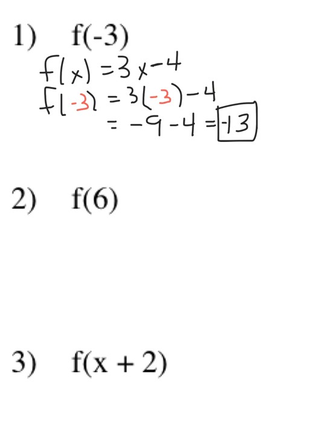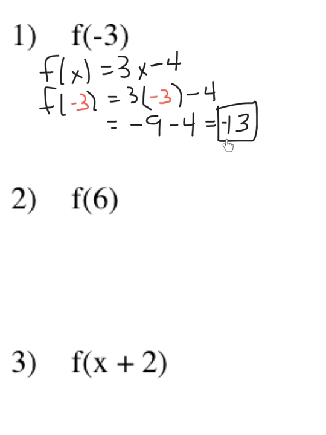All right, so after I've simplified my equation, I get that 3 times a negative 3 is negative 9, and negative 9 minus 4 is a negative 13. So my answer here for this particular combination is that f of negative 3 equals negative 13.